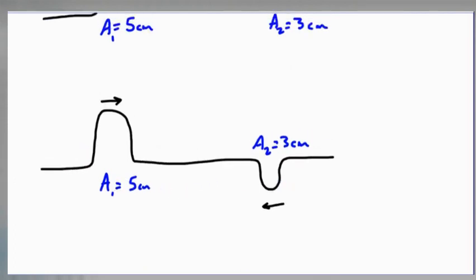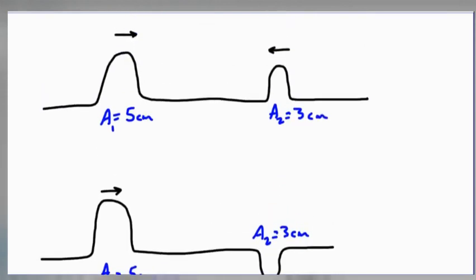So the question is, what happens at this superposition when these two waves meet? Well, let's assume that they meet sort of here in the middle. This wave, magnitude 5, and this wave, magnitude 3, will create this big wave in the middle momentarily, and it will have an amplitude of 8.